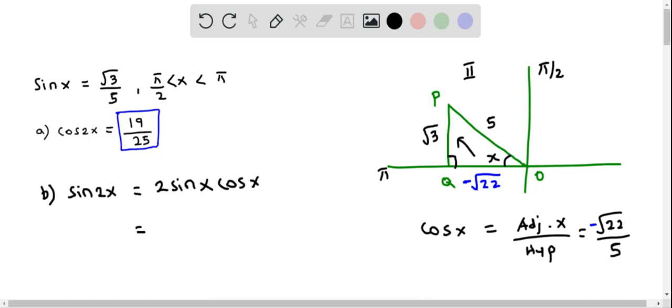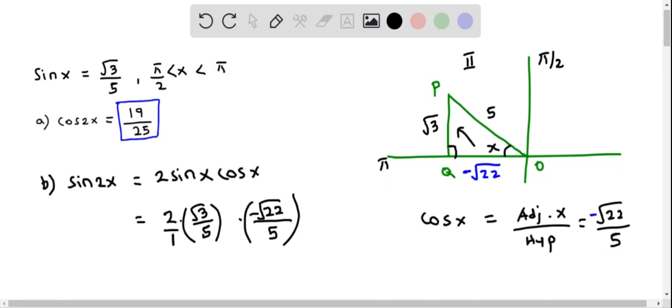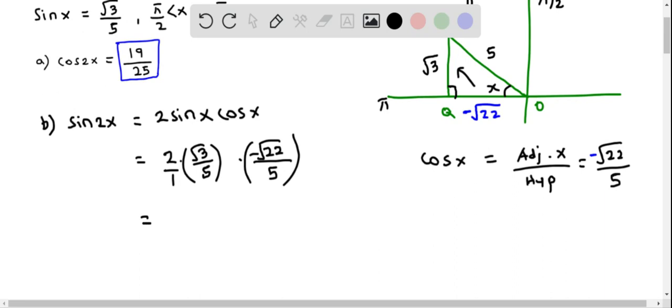Now let's replace the values of sine x and cosine x. So this becomes 2 times sine x, which is root 3 over 5, multiplied with cosine x, which is negative root 22 over 5. Basically we just have to multiply the numerators and the denominators. The numerator is a negative quantity, so I can put negative 2 times root 3 and root 22, over 1 times 5 is 5, 5 times 5 is 25.